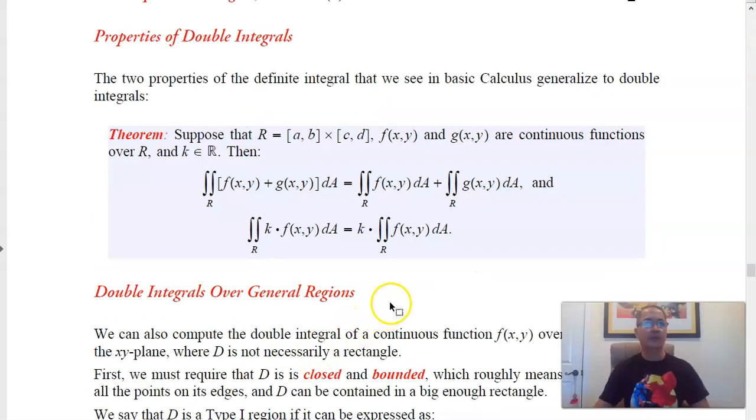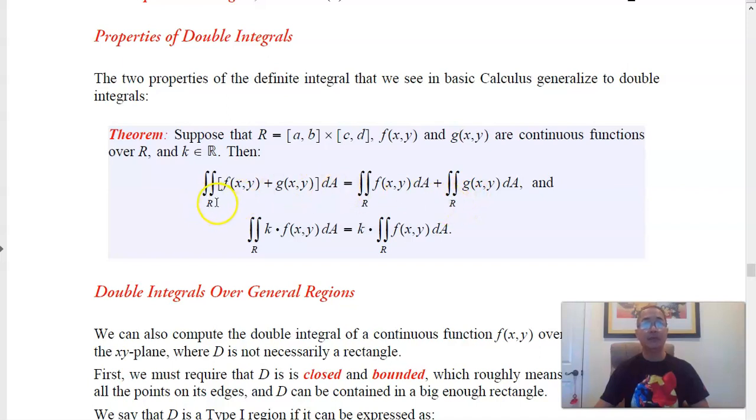All right, so these properties should not be any surprise to you. Suppose you have a rectangle from a to b and c to d as usual, and you have two functions, f and g, continuous over that rectangle. Then the double integral of the sum, f plus g, can be broken up as the sum of the double integral of f over the rectangle plus g over the rectangle.